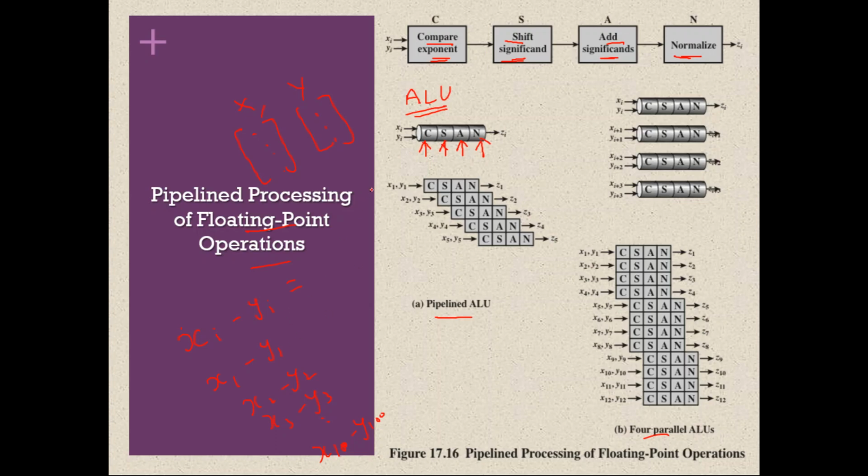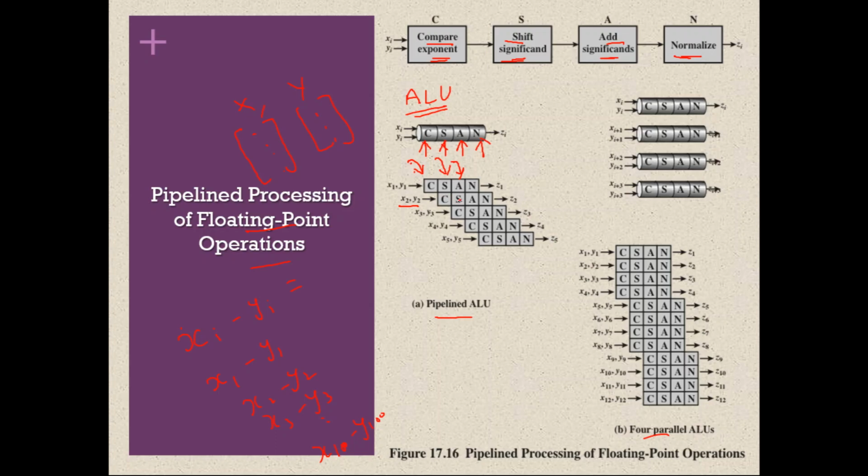First we take x1, y1. It goes to the compare stage. After compare, it goes to the shift stage. But when x1 and y1 are in the shift stage, the compare logic is free. So now x2 and y2 can use the compare logic. After the second clock cycle, x1, y1 leave the shift stage and enter the add stage.